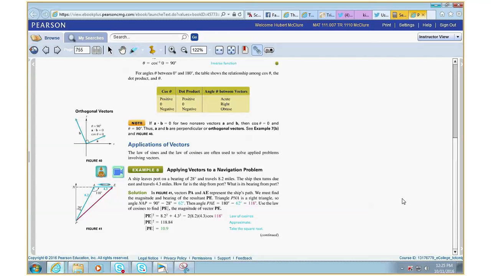Now remember, the 8.2 squared plus 4.3 squared minus 2 times 8.2 times 4.3 times cosine 118. Law of cosines. Not law of sines, law of cosines. You got two sides and an angle.